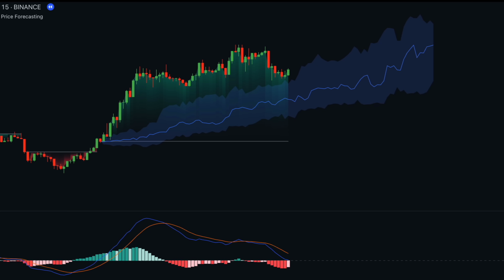The forecasts generated by this tool are based on historical data and probabilistic models, which means they are not guarantees of future price movements, but rather sophisticated estimates that can enhance decision-making processes in trading.